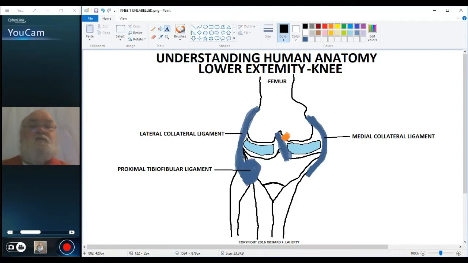And of course they're named cruciate because when you view them from the side, they form a cross.